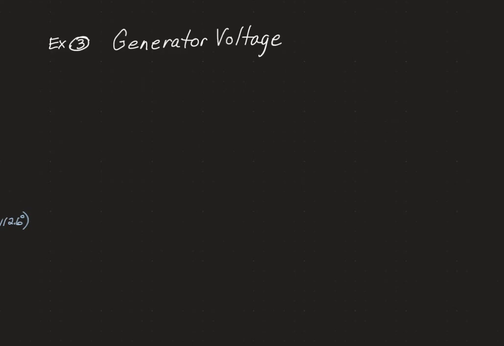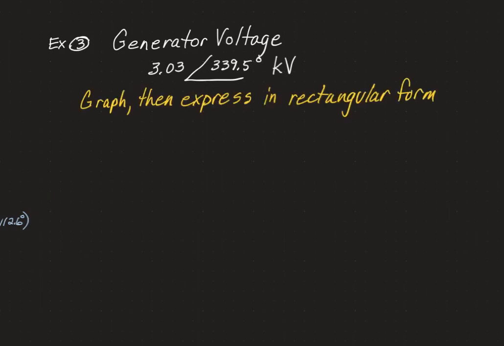A certain generator's voltage is represented by this 3.03 big angle sine 339.5 degrees, and this is all in kilovolts. Your instructions are to graph this and then express it in rectangular form.